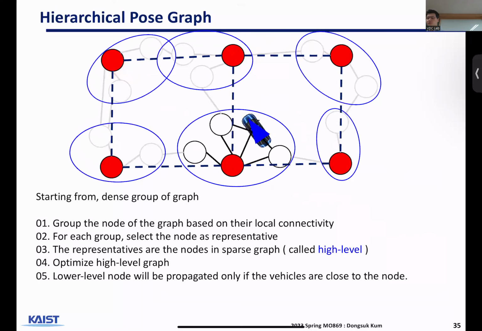And then you're going to handle the local nodes that are connected to these key nodes that were optimized at the higher level. That way you can solve for regional local optimization problems separately. That way the computation problem can be tangible, can be handled.